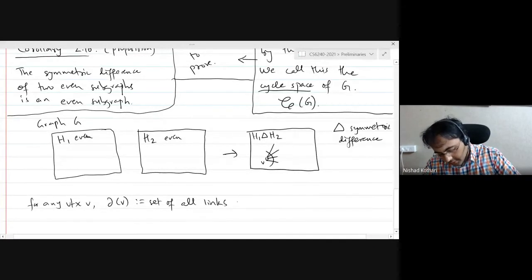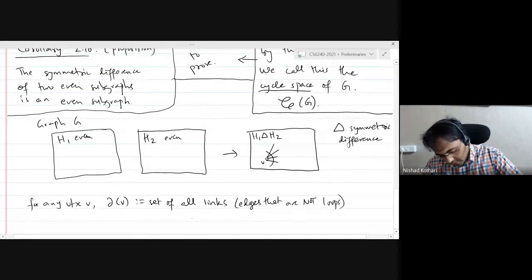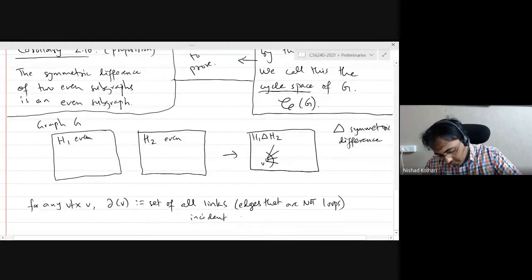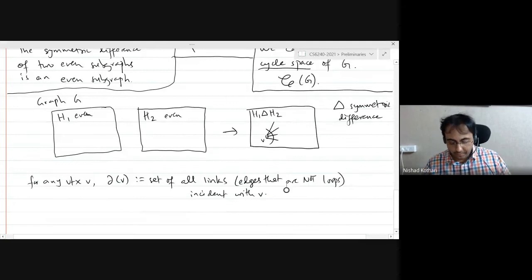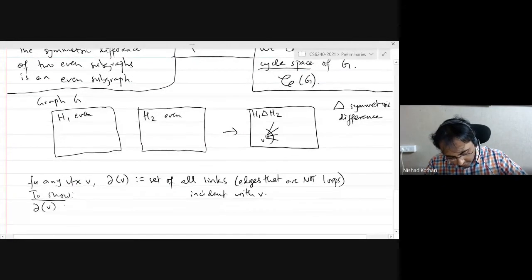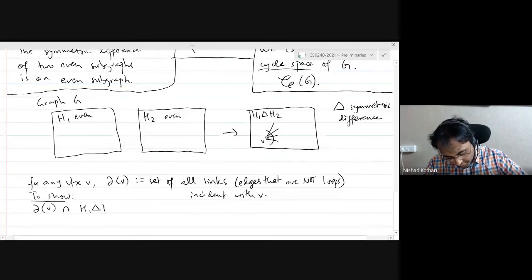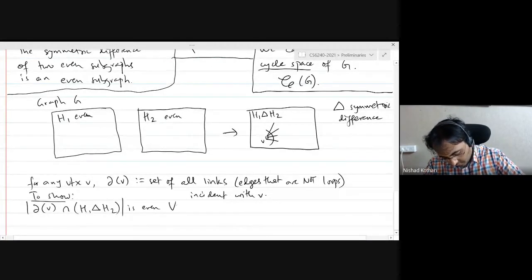Links are edges that are not loops, incident with the vertex V. So you're taking all the non-loop edges that are incident at the vertex V. And in particular, we want to show that partial V intersect H1 symmetric difference H2 is even for all vertices.